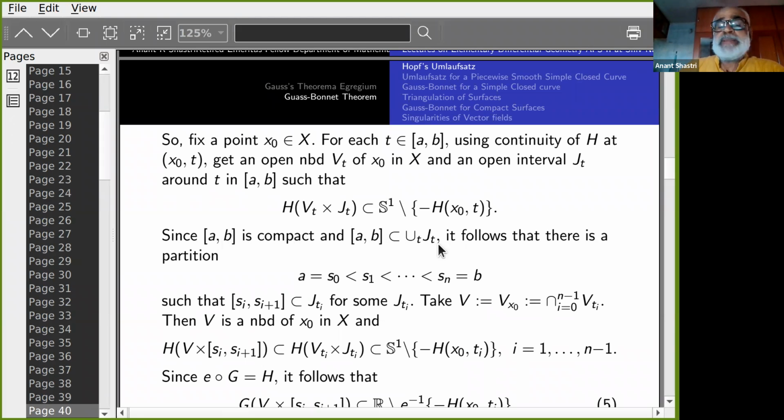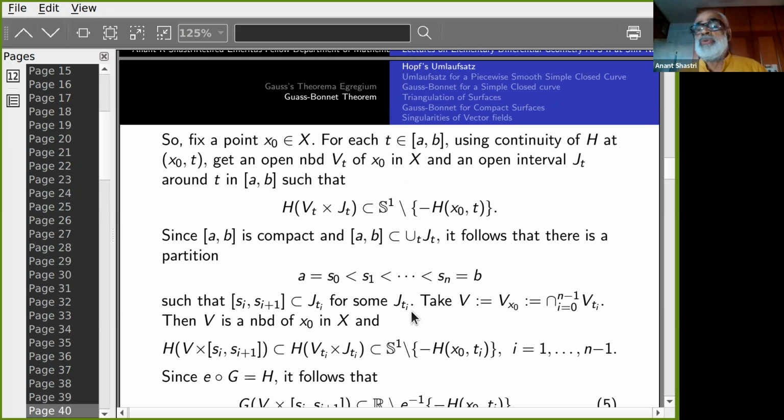Every compact space has a finite subcover, there is a Lebesgue number, and so on. This is standard analysis. As soon as you have an open cover for the interval, you must have used it several times by now. You can partition the interval, s0 less than s1 less than ... less than sn, such that each closed subinterval [si, si+1] is contained in one of the members on the right hand side.